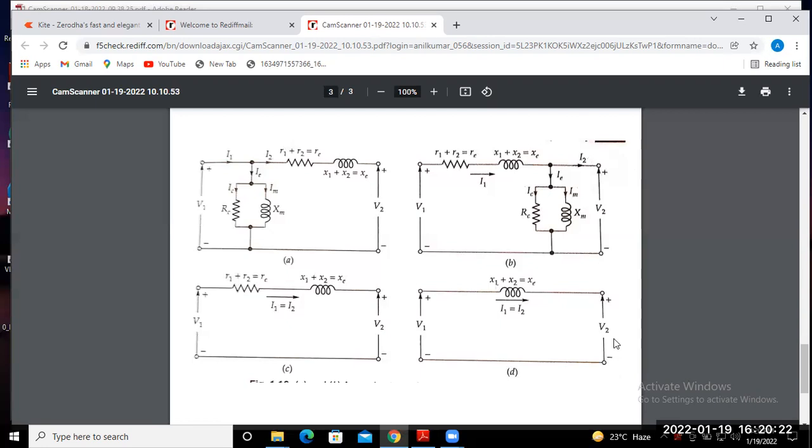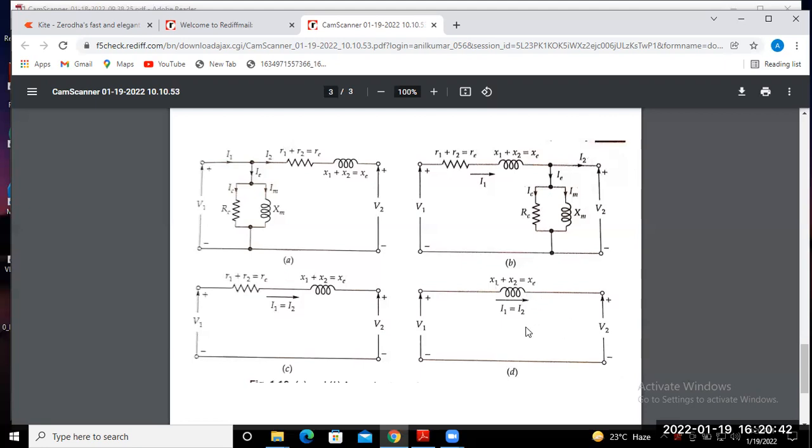All the parameters are denoted on the circuit, and we can relate the voltage equations of the primary and secondary. Simply, V1 equals I1 or I2 into X1 plus X2, that is X equivalent, equal to V2.